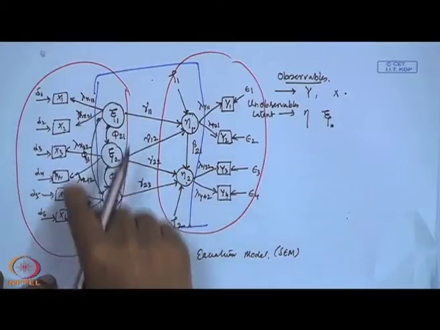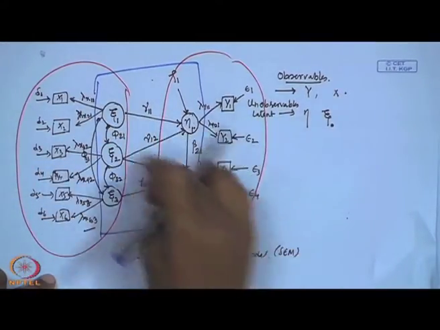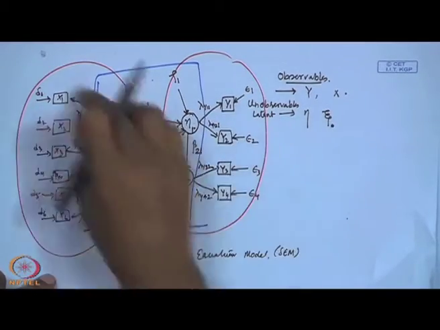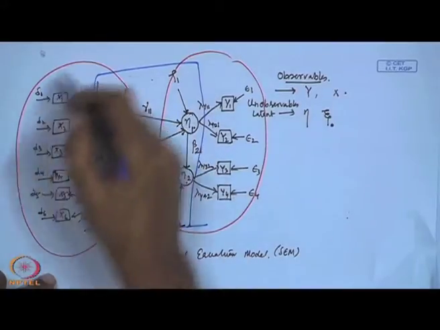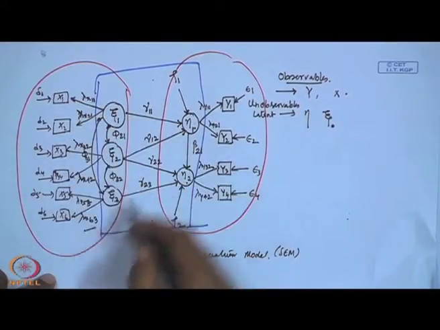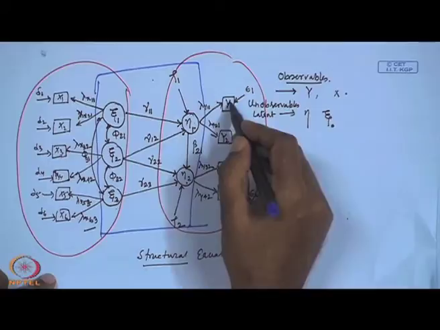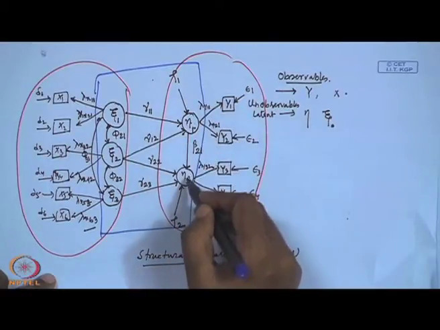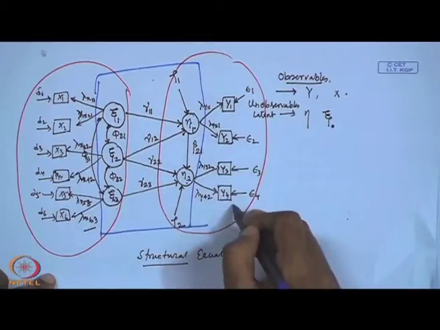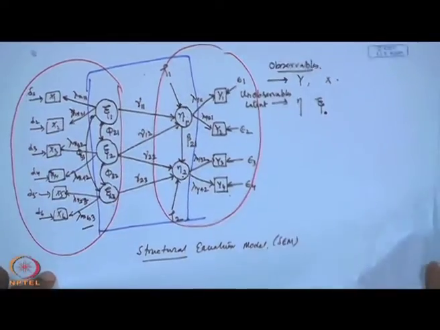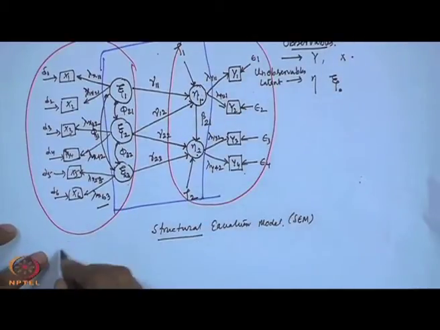You have this many x variables, this many y variables, and irrespective of eta and xi, you first go for one measurement model, where you confirmatorily factorize eta 1, eta 2, xi 1, xi 2, xi 3 from y 1 to y 4. This is the first step.